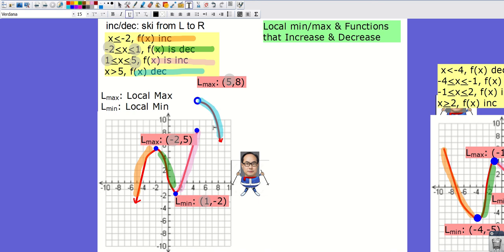In the blue's case, however, this blue excludes this point, and the x coordinate of this point, because we're only concerned about the x coordinate, is 5. So it excludes 5. That's why this remains just greater than. It does not become "or equal to."